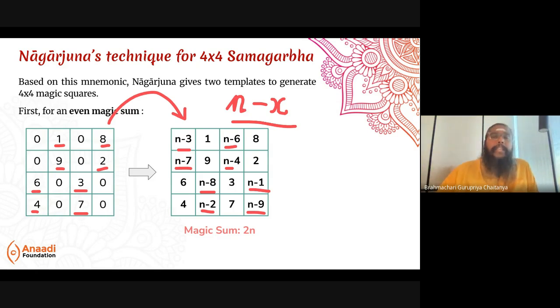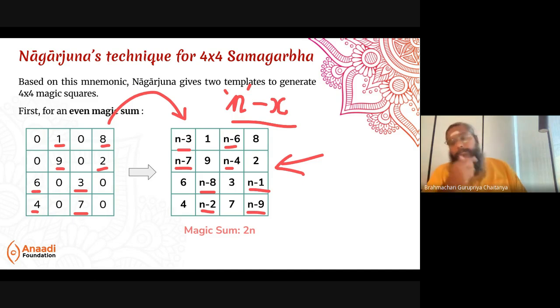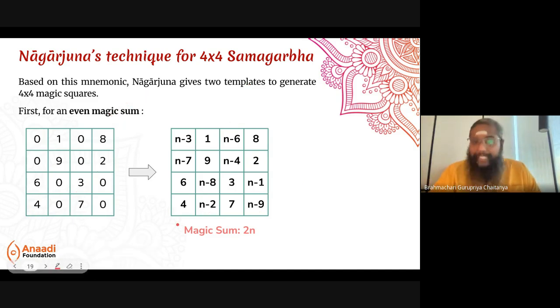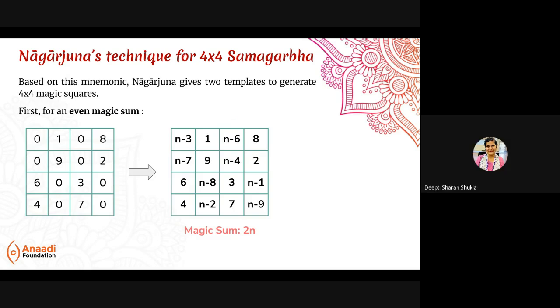Now I can plug in any n I want into this square, and I will get a magic square. Shall we try doing that? Give me some n. It can be positive, negative, fraction, anything. You don't have to worry about it. Give me some arbitrary n, please. 8.